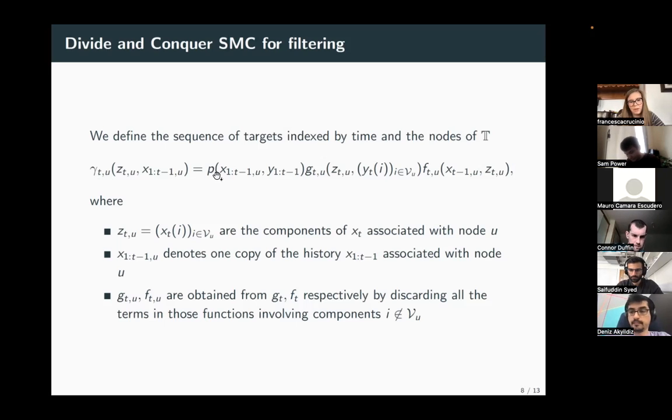So basically what we have is, if we are at time t and we are at node u of the tree, we take all the past, which is this x_1 to x_{t-1}, and then we add the components which are in node u at the current time.